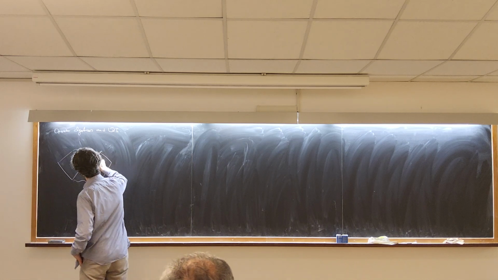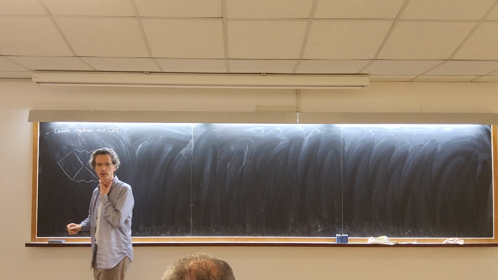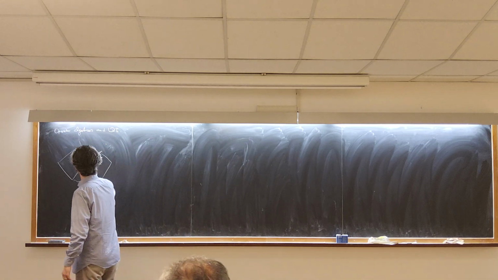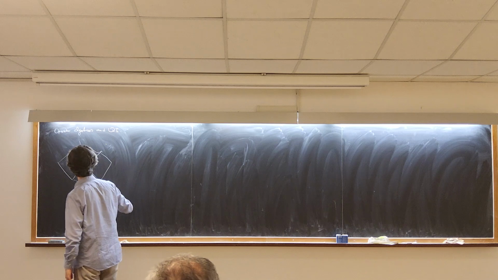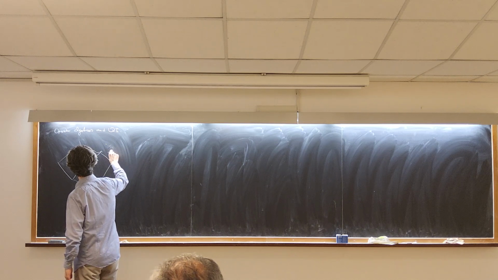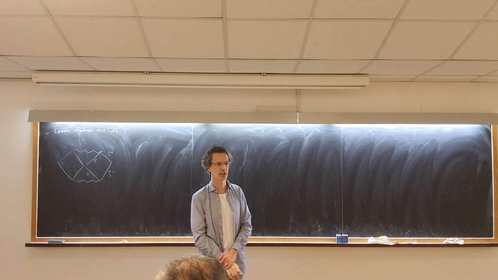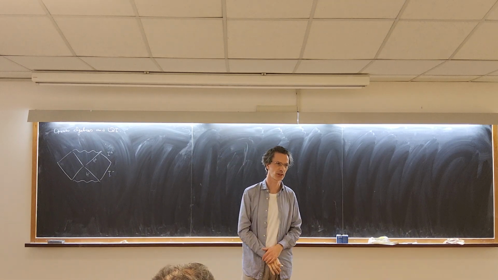This is supposed to represent a Schwarzschild space-time. Again, I'm going to assume that you have some familiarity with general relativity. It's not going to be very complicated.